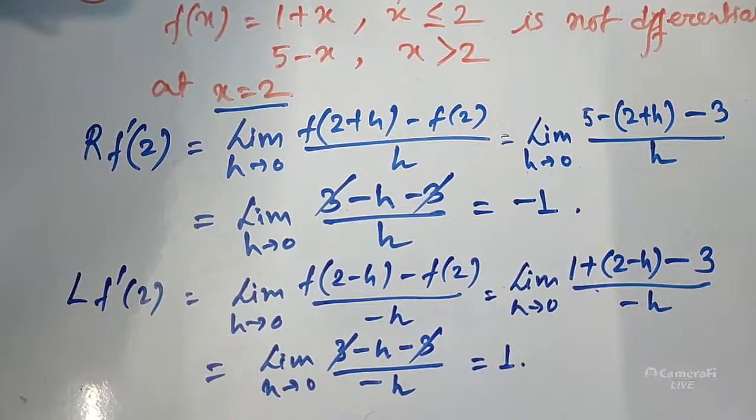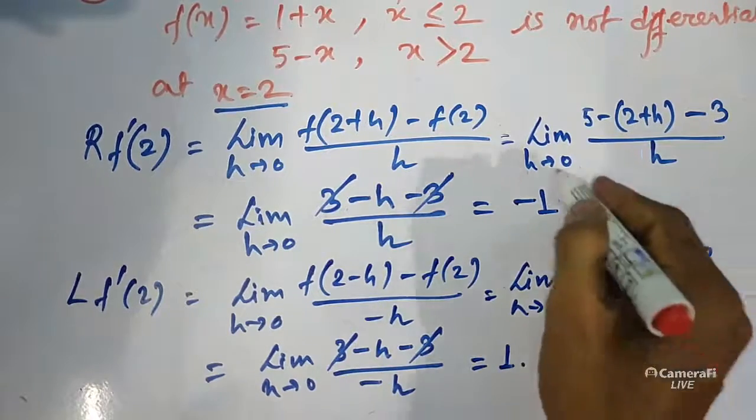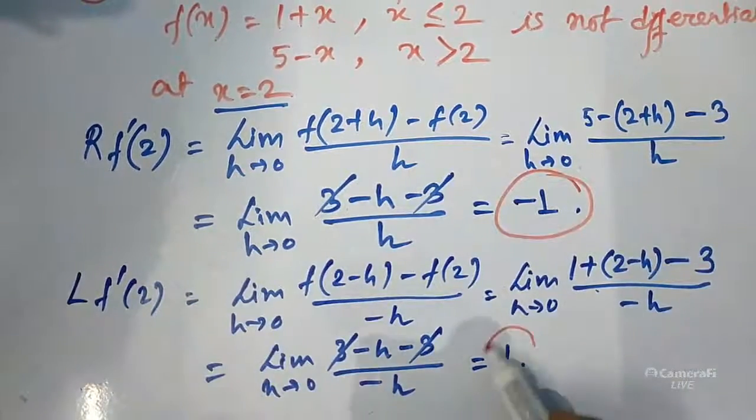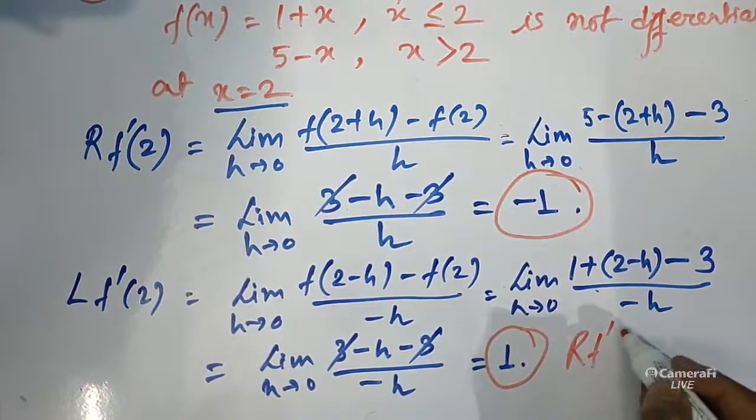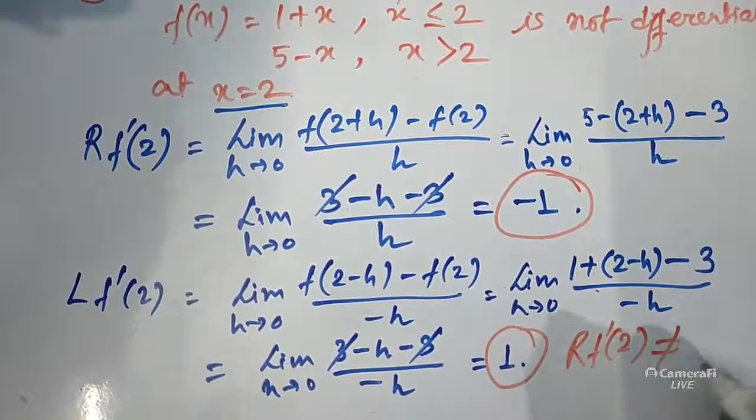Now check, both values are different: this is minus 1 and this is plus 1. So Rf dash 2 is not equal to Lf dash 2.